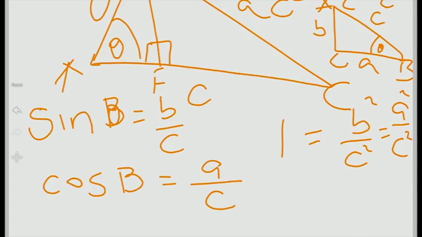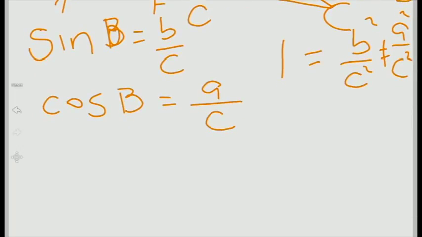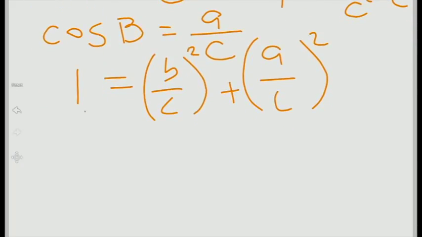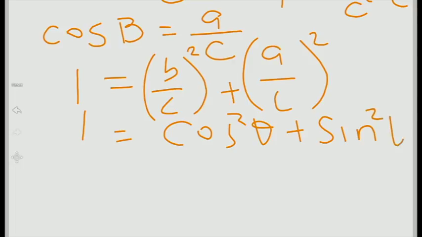We said we have 1 equals B over C squared plus A over C squared. The cosine is A over C and the sine is B over C, which simply means that 1 is equal to sine squared plus cosine squared. So 1 is equal to cosine squared theta plus sine squared theta.